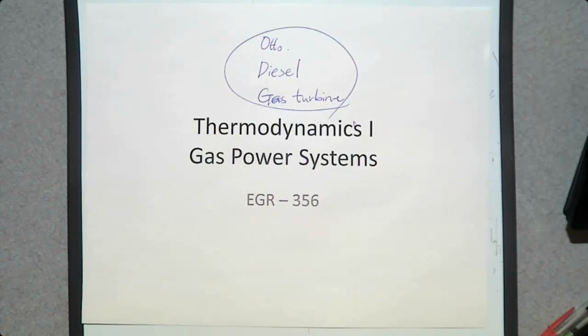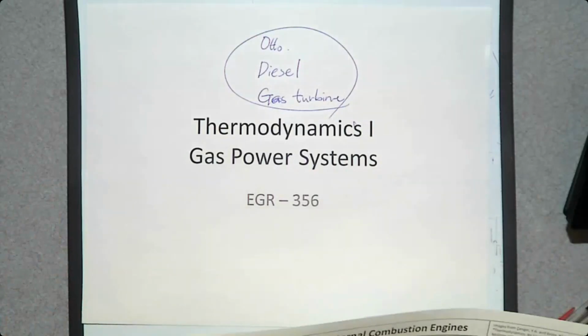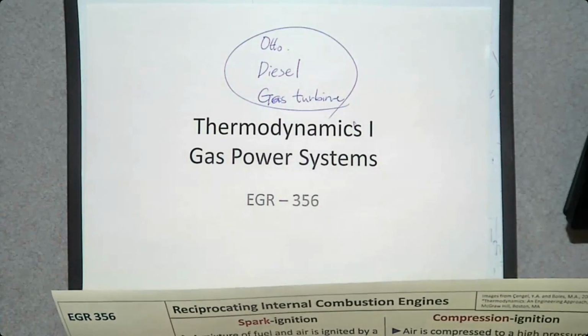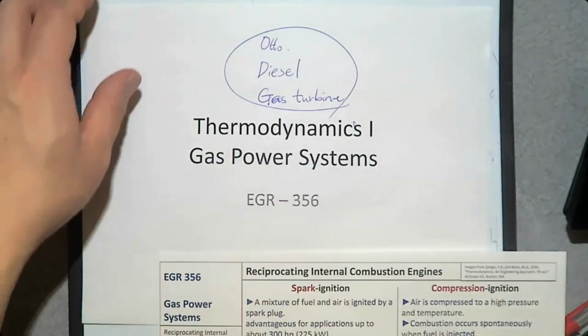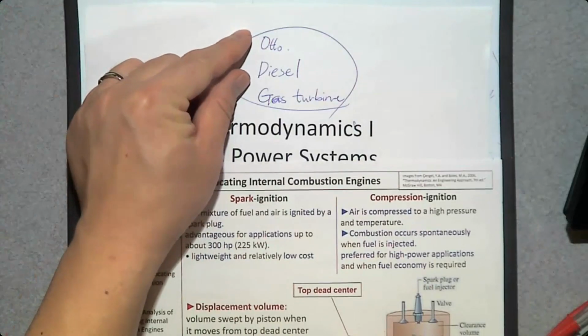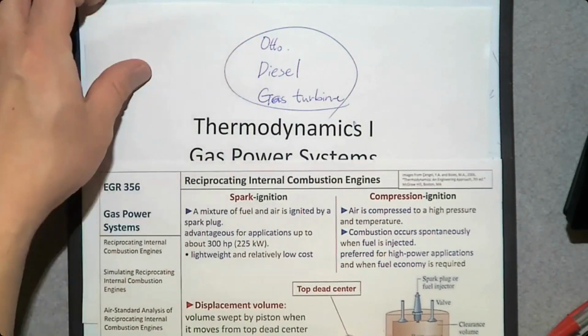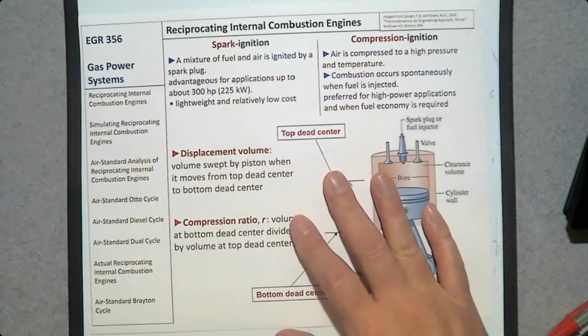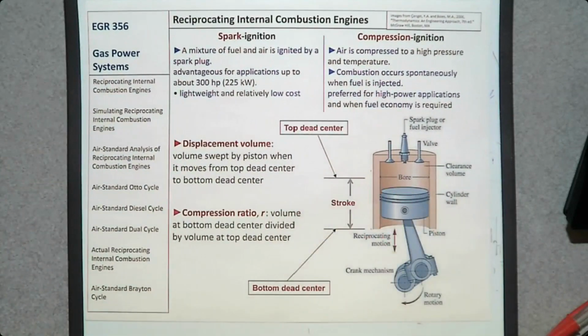So we just want to see how we can use thermodynamic equations in real engineering applications. First of all, we are going to focus on Otto cycle and diesel cycle. So we are going to briefly go over how reciprocating internal combustion engines work.